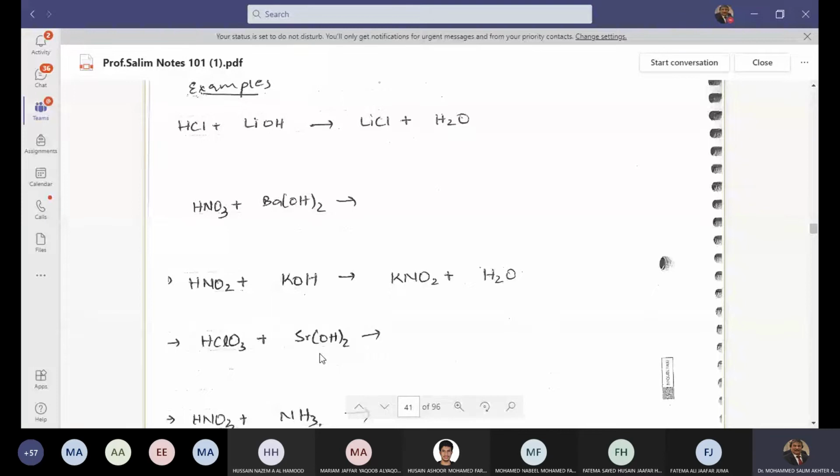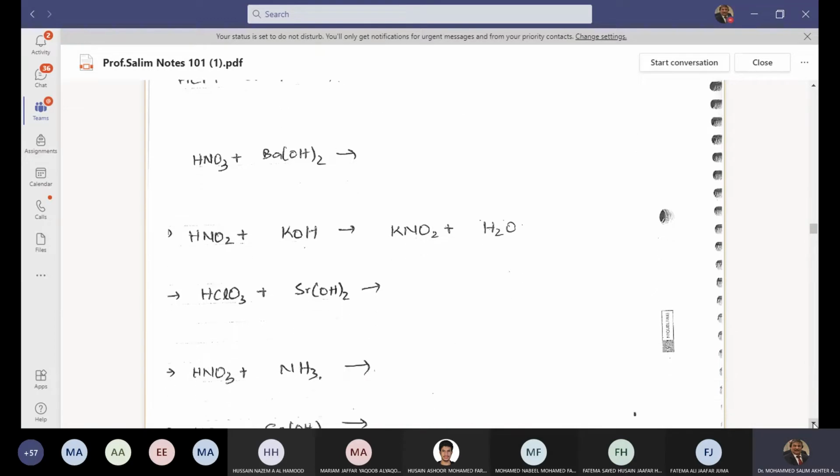When you write the net ionic equation, how will you write it, my friend? Will you write H plus for this or as it is? As it is. Plus what will you write for Sr(OH)2? OH minus. Now, my friend, this is a wrong example.